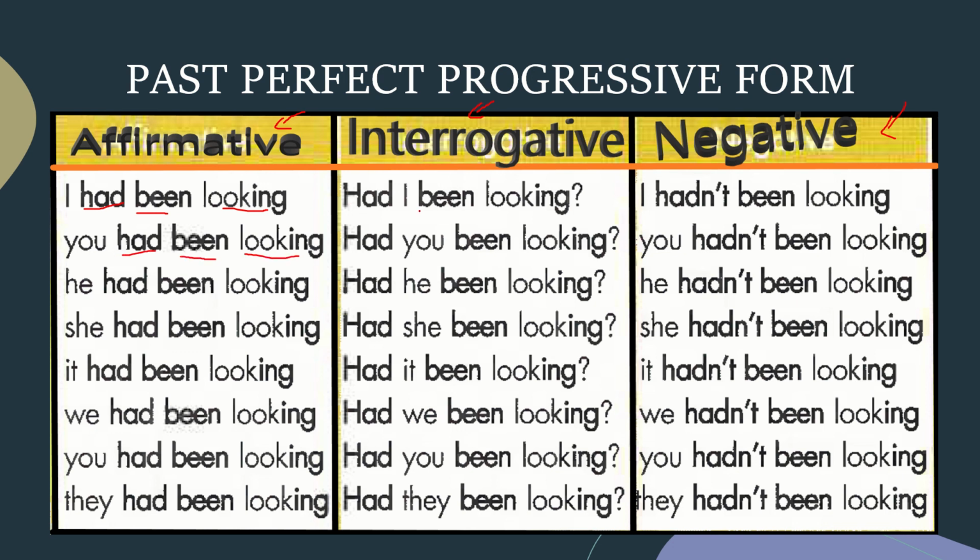Then the question would be, had I been looking? Had you been looking? And the negative, I hadn't been looking. You hadn't been looking. Very good. So that would be the form of the past perfect progressive.